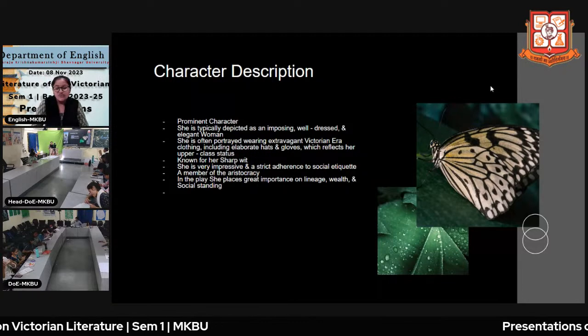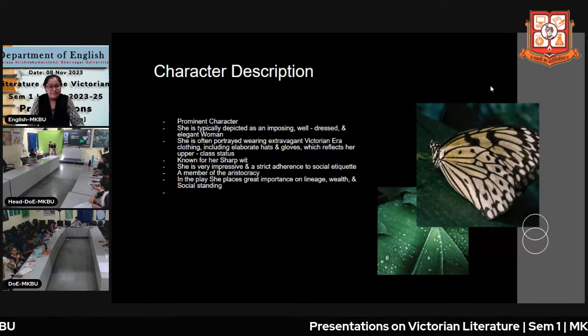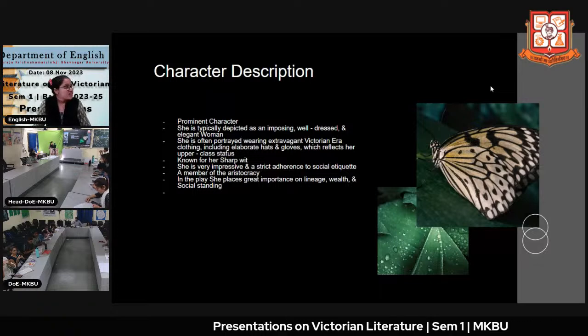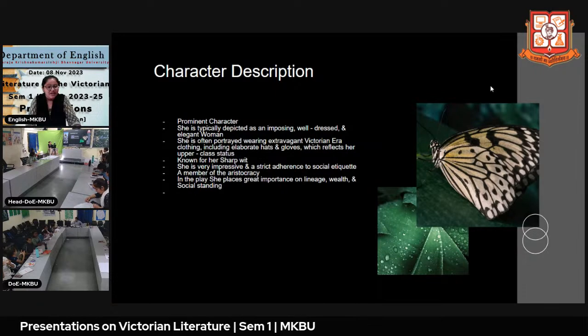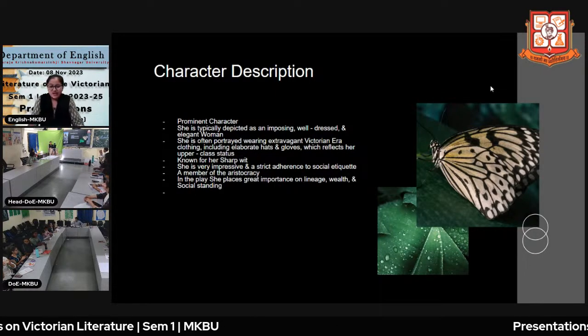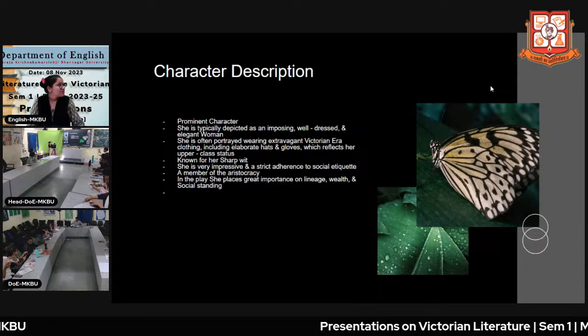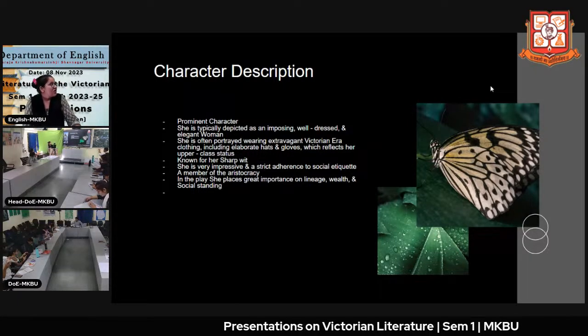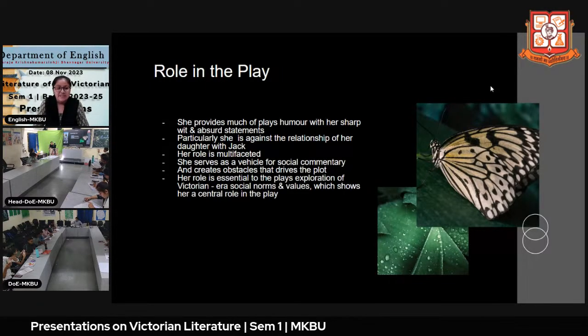She is known for her sharp wit. She is very impressive, with strict adherence to social etiquette. She was a member of the aristocracy. In the play, she places great importance on lineage, wealth, and social standing.